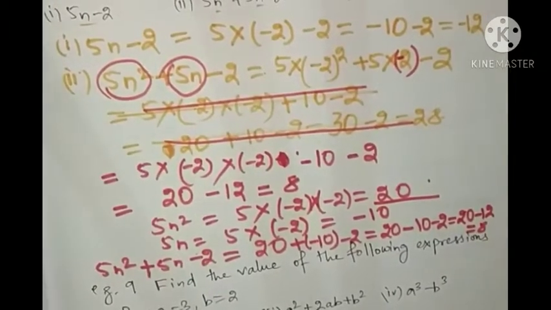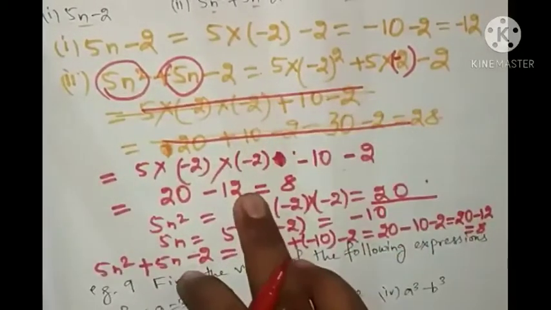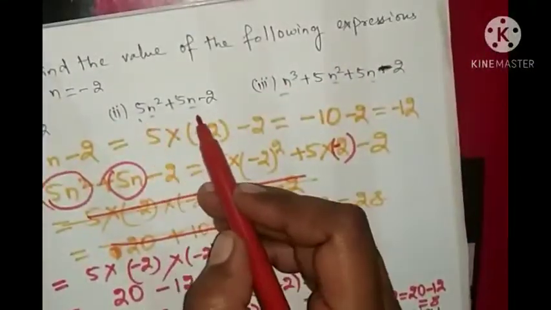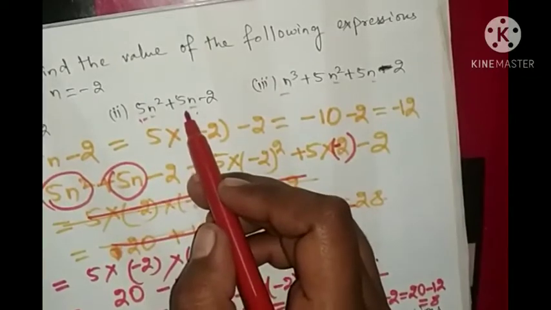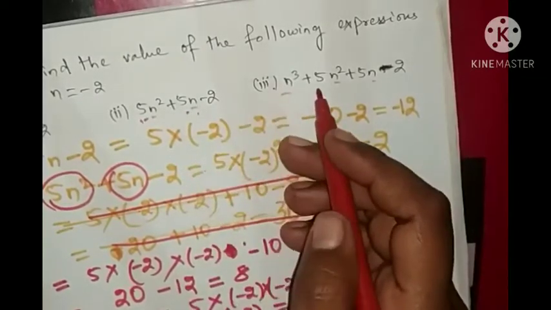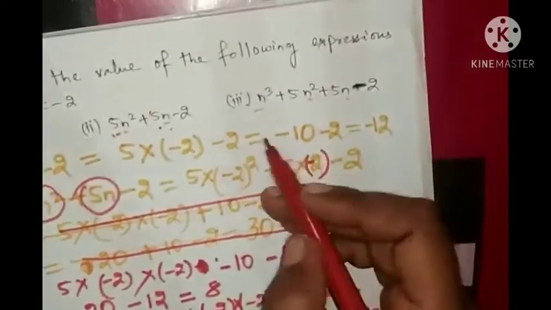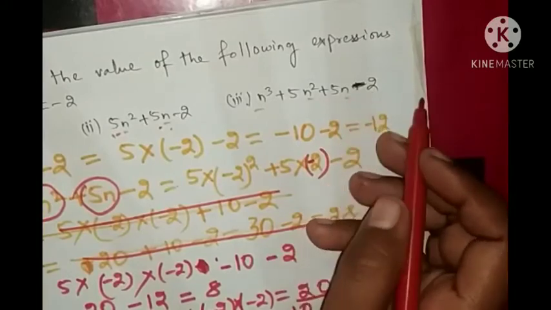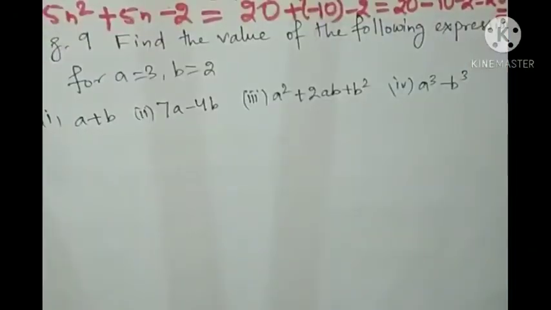Okay, like that you can find out either you will do directly like this, or you will find out first 5n square, then 5n, then 5n square plus 5n, and then you can find out this value. Okay, like this you can do n cube plus 5n square plus 5n minus 2. Okay, I hope you will do it by yourself.